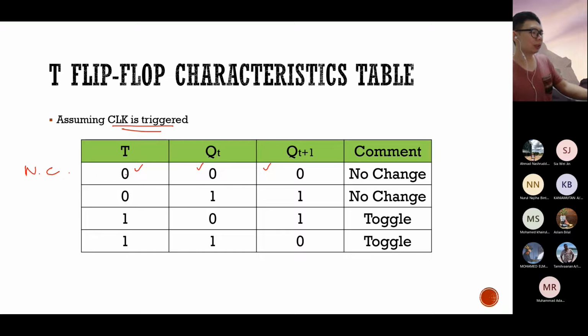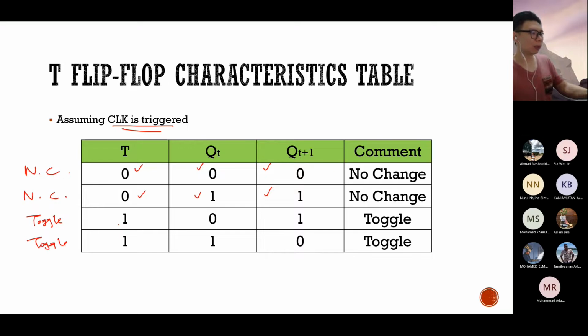Second one also, no change mode, 0, because your T is at the value of 0. Okay, so your current output is 1, and it's going to preserve it because there's no change mode. 1 stays 1. And what happens if you have a toggle, T to be 1 over here? This puts it into a toggle mode.